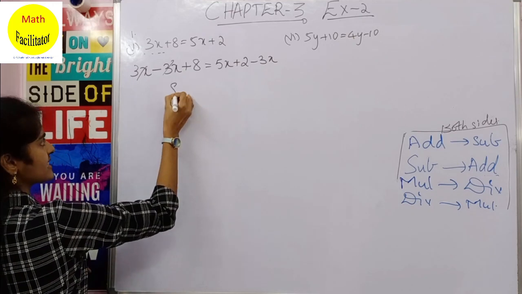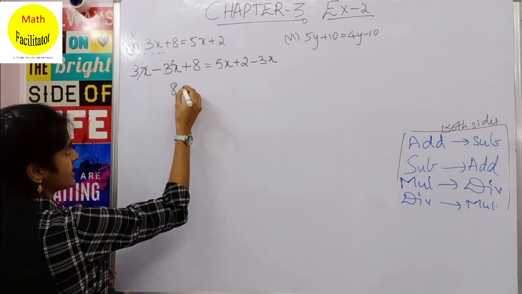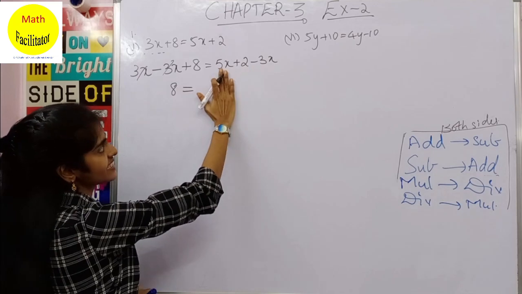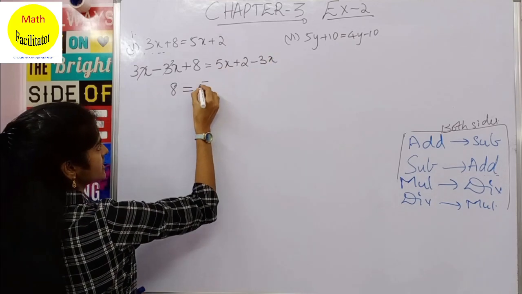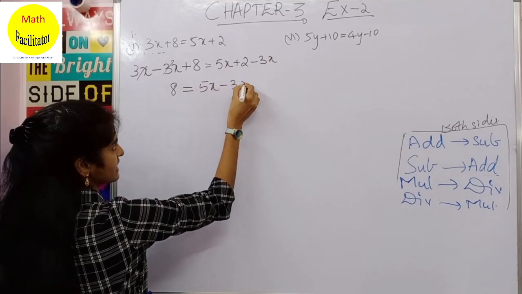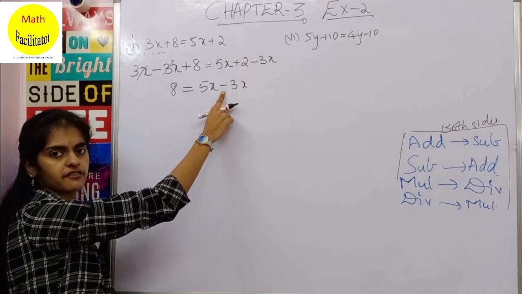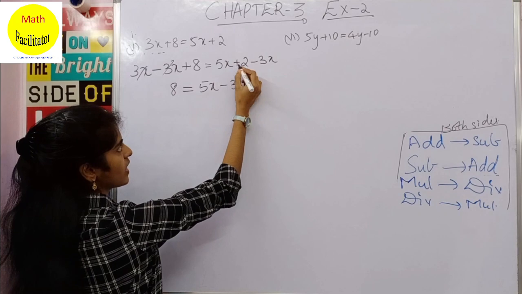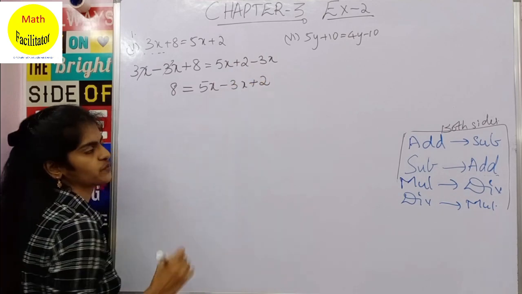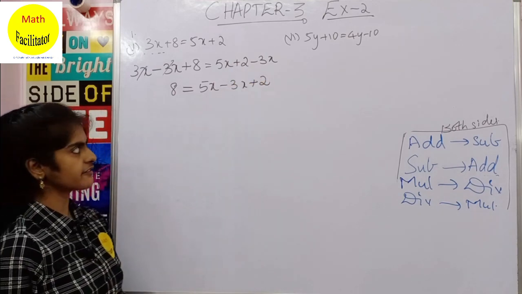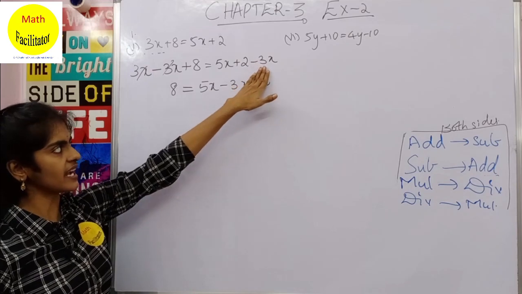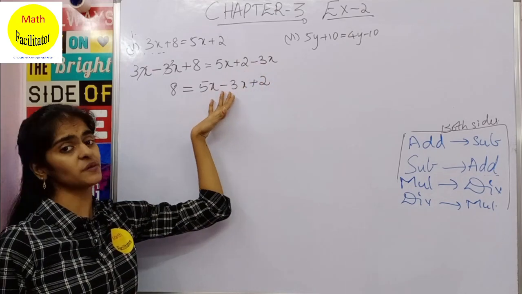So 0 plus 8 is nothing but 8 is equal to, now let us bring these x terms together. So this is 5x minus 3x. Don't forget 3x has a minus sign. So along with the sign you have to bring it. And this 2 has plus sign, so it is plus 2. Clear? You don't get confused with the sign. Whatever sign the number has, you will just take them along with the sign.